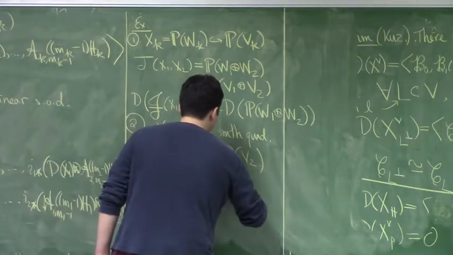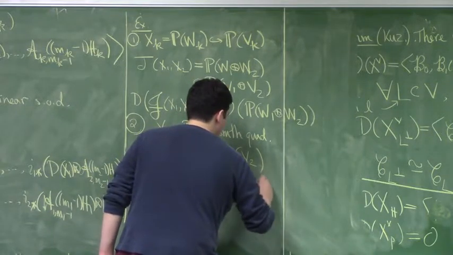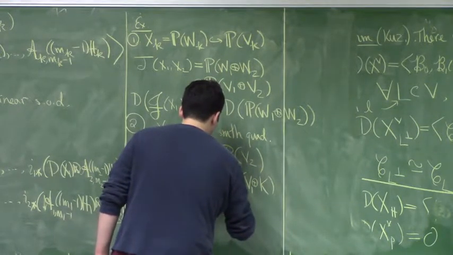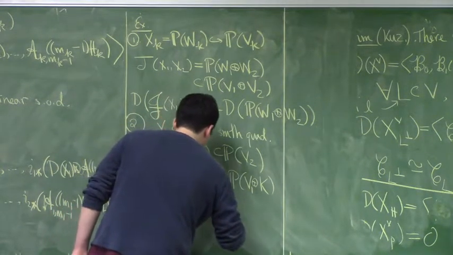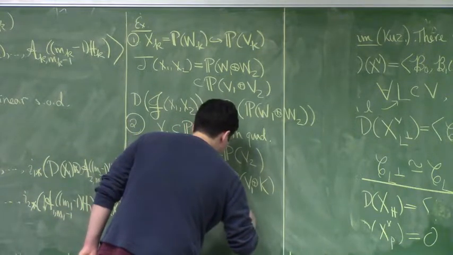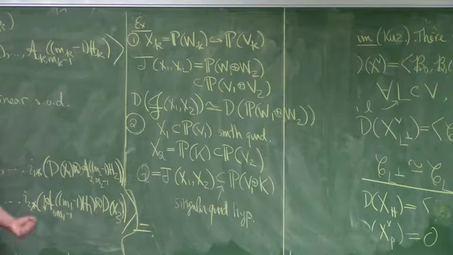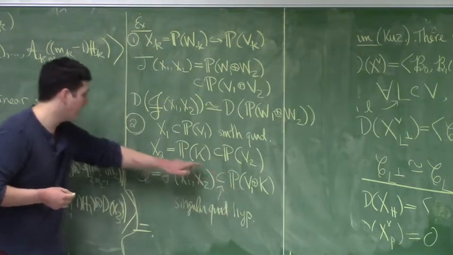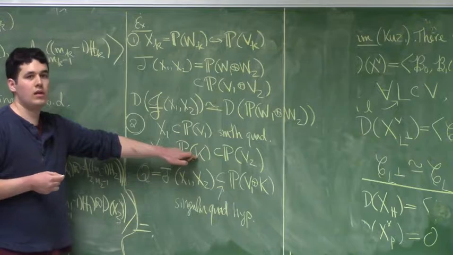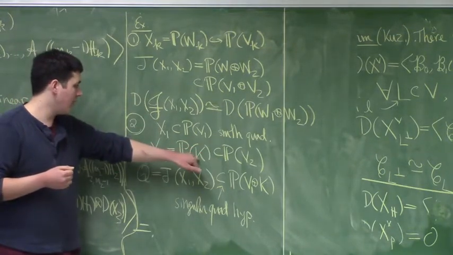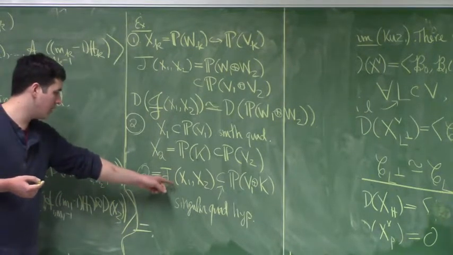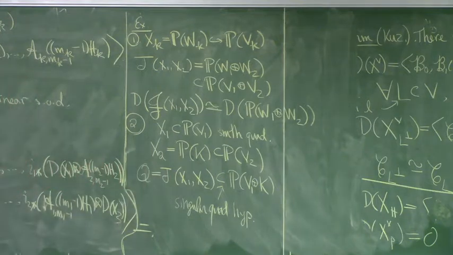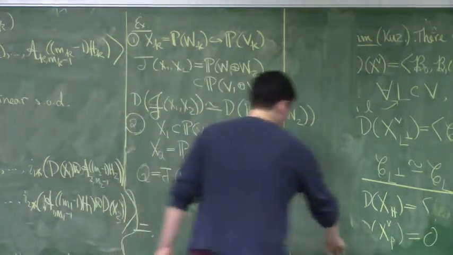That sits inside of P(V1 plus K), and that's a singular quadric hypersurface, right? It's a hypersurface whose singular locus is exactly this P(K). If you want to think of it as a symmetric pairing, this is the kernel of that pairing, so that's why I called it K. So in this case, the classical join is a singular variety. So it's definitely not going to be true that this categorical join is equivalent to D of Q. So what is it, you might ask?